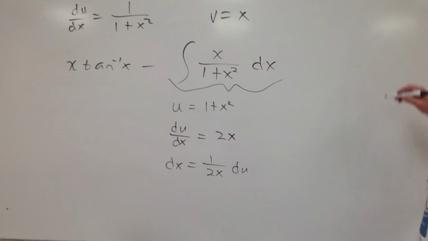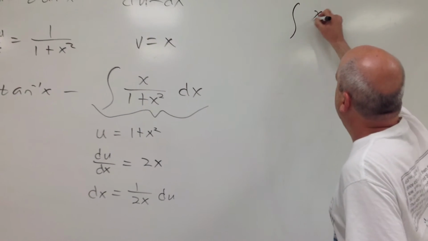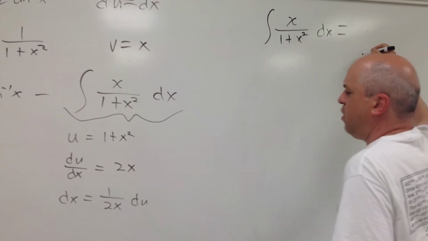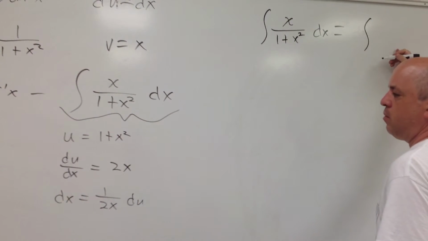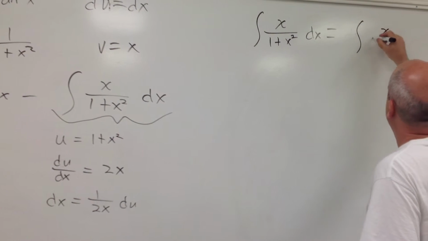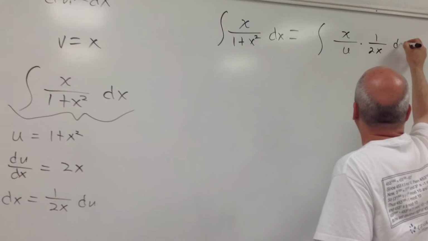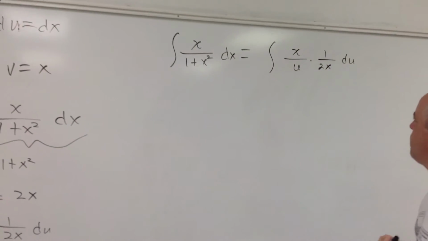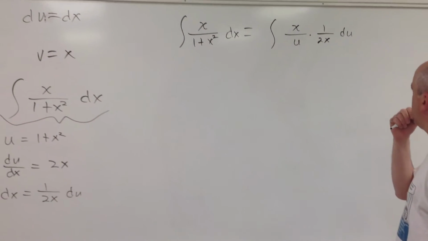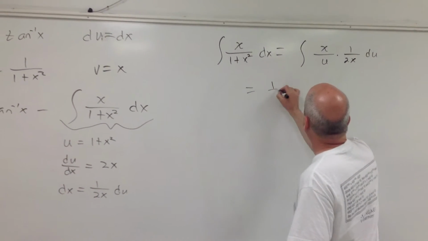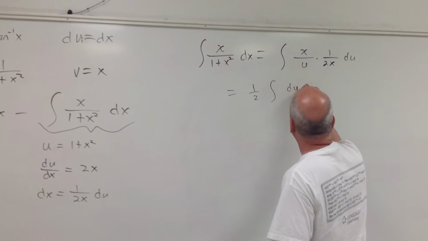So, the integral of x over 1 plus x squared dx is going to be equal to x over u times 1 over 2x du. And since everything but the u's cancel out, this was an appropriate substitution. This will simplify down to 1/2 integral du over u.